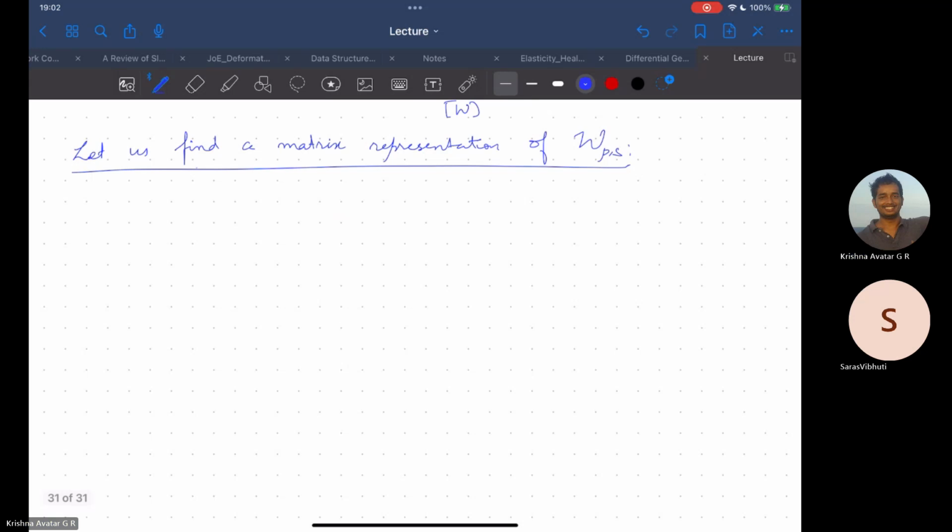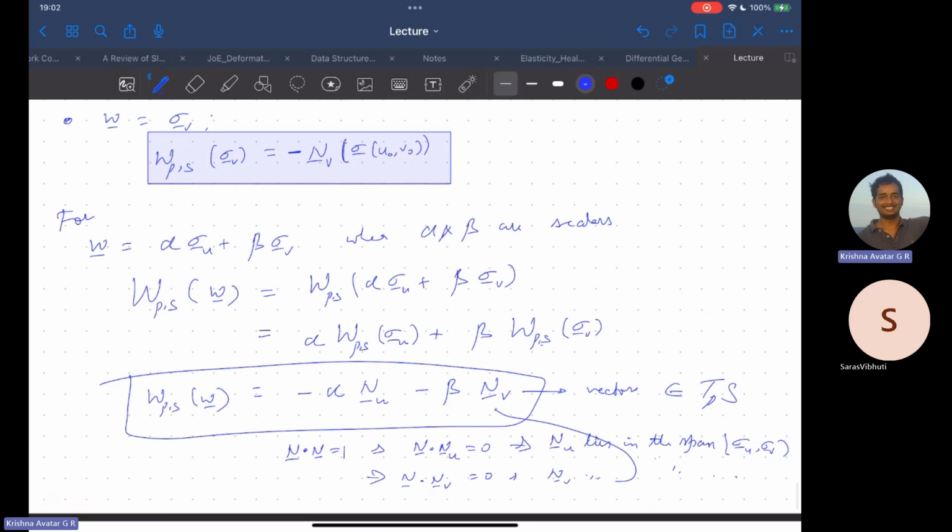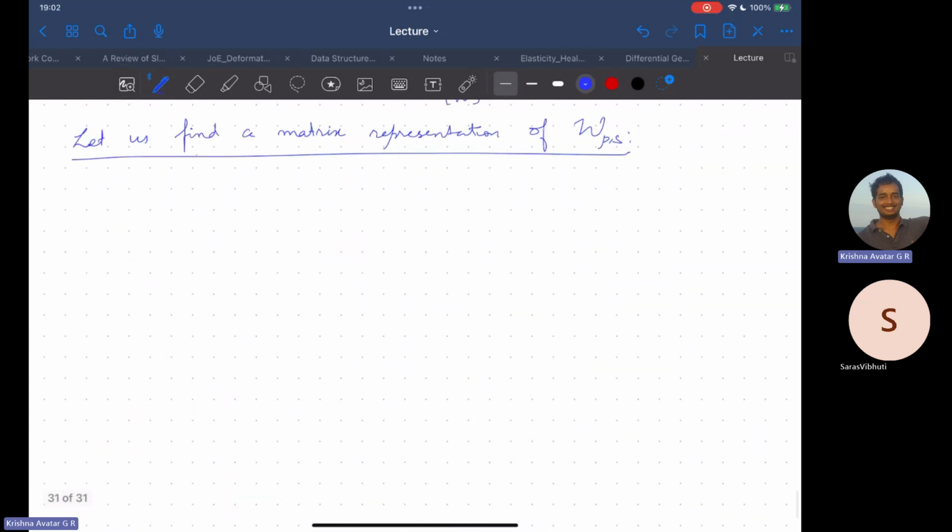Right. So from our previous discussion, we knew at least one particular property of W_{p,S}, which is that I can always drop p,S, provided it's understood, and only call it W. So W, which is an operator, if you take an argument of sigma_u, then it gives us minus n_u, which is the derivative of n with respect to u.